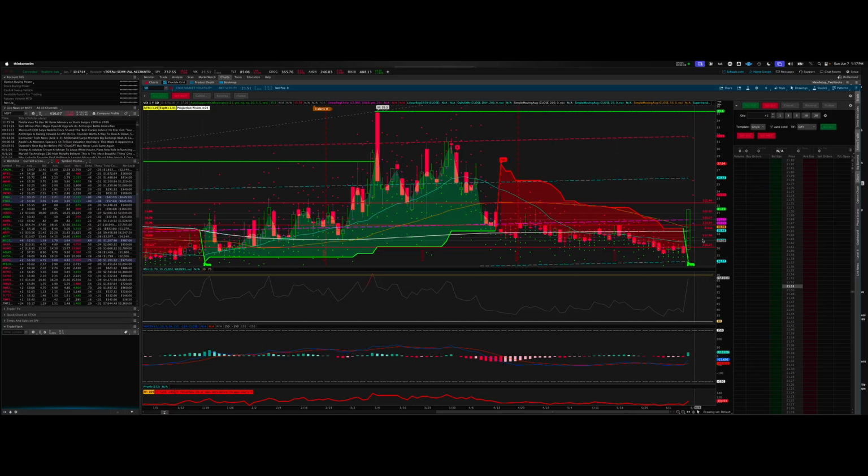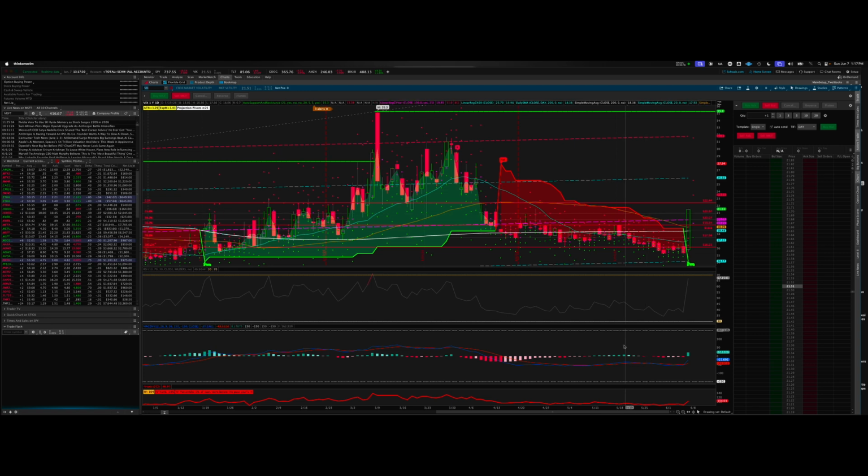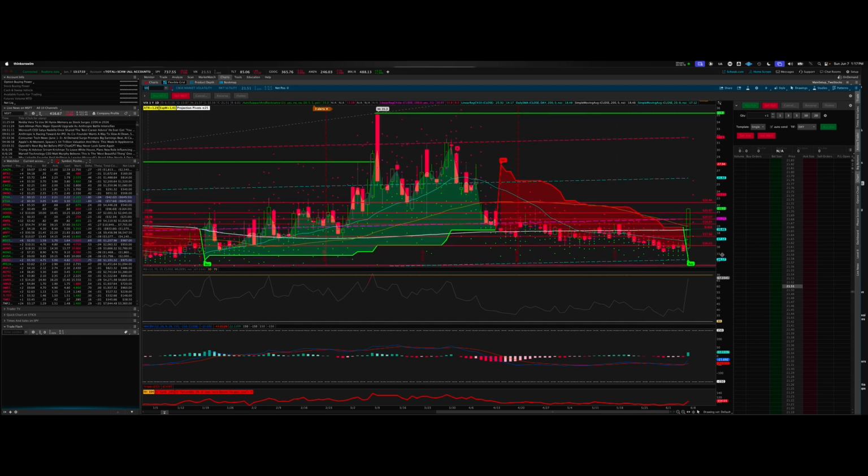But the VIX was up way more than that. I think it was like 35%, something like that, 39% in a single day on Friday's close. And so the probability is actually closer to 95% of an up day in the S&P in the next 2 trading days. And we can also see a clear RSI divergence here.